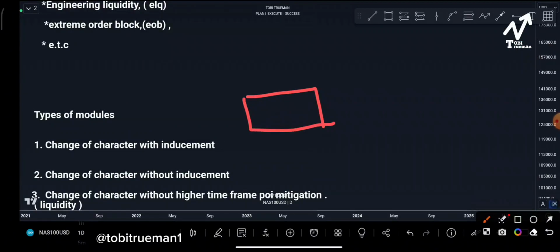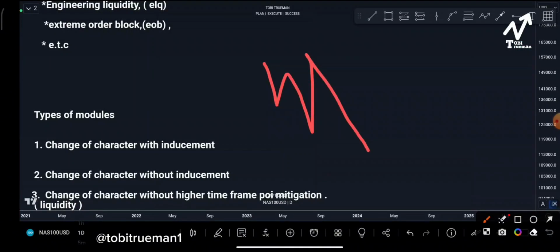But in the 1 hour time frame, sorry, let me draw it over again. In the 1 hour time frame, you'll see a structure like this. Price will be making a bearish movement.